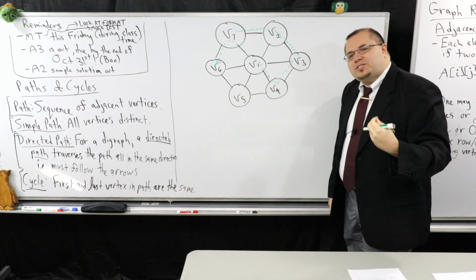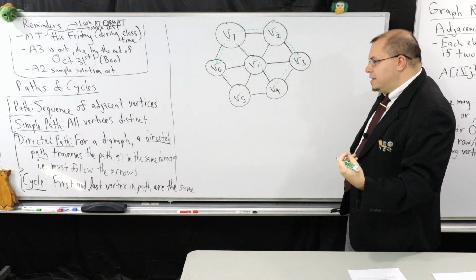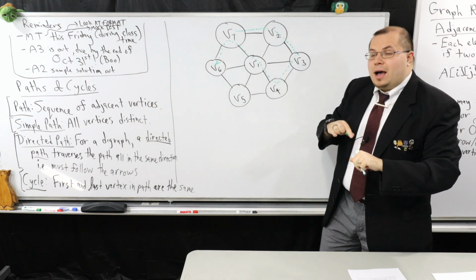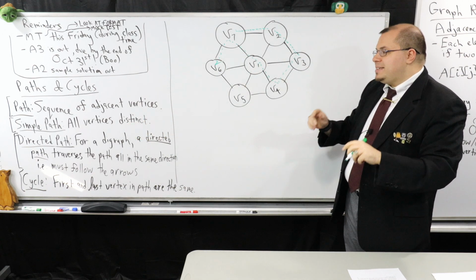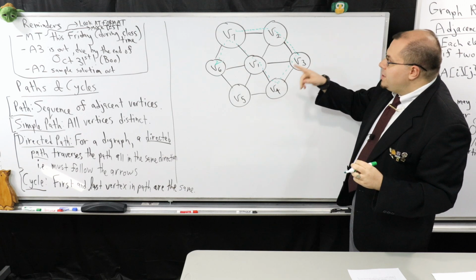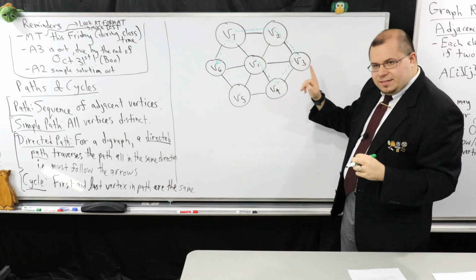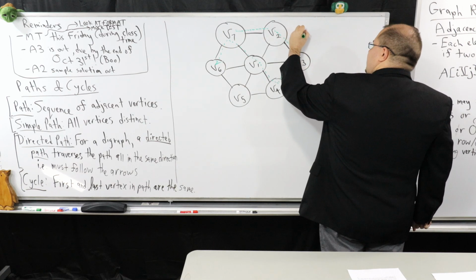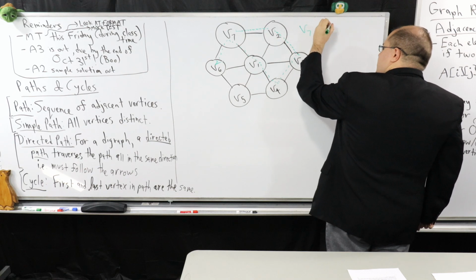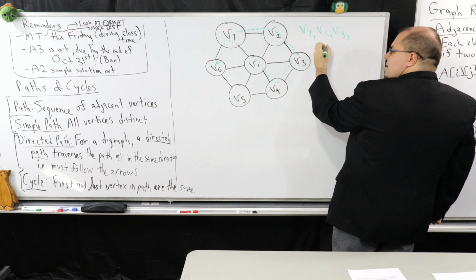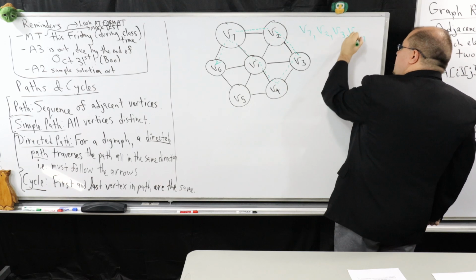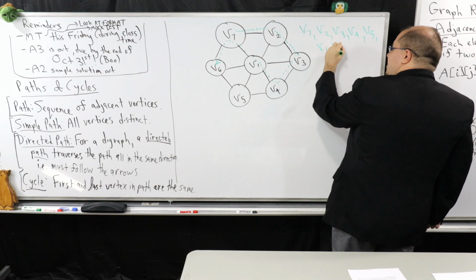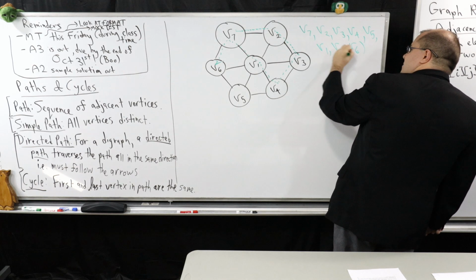Now, I must warn you that in the computer science community, typically people will use the word path to talk about something called a simple path. A simple path simply means that the vertices in the path are distinct. So all I do is I follow adjacent vertices. So my example here, the path would consist of vertices V7, V2, V3, V4, V5, and then I go to V1, and then I went to V7, and then I went to V6.